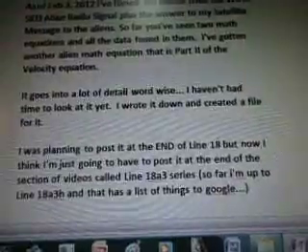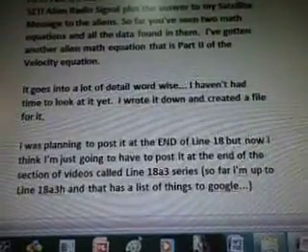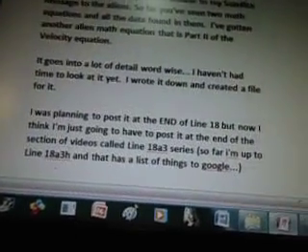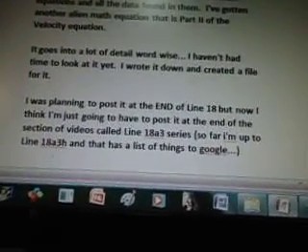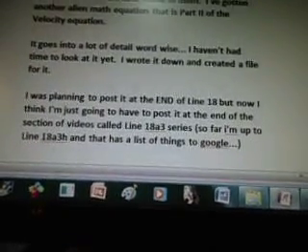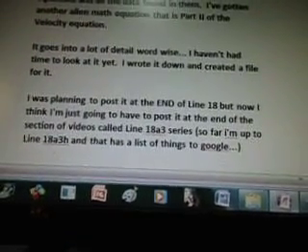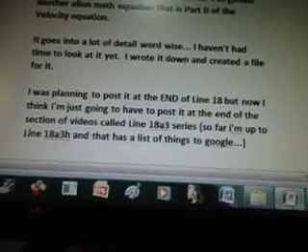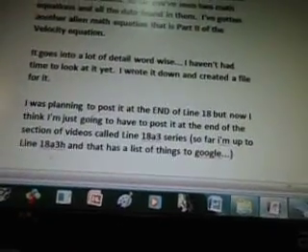I haven't had time to look at it yet. I wrote it down and created a file for it. I was planning to post it at the end of line 18, which was like line 18Z, but now I think I'm going to have to post it at the end of the section of videos called line 18A3 series. So far I'm up to line 18A3H, and that has a list of things to do on Google.